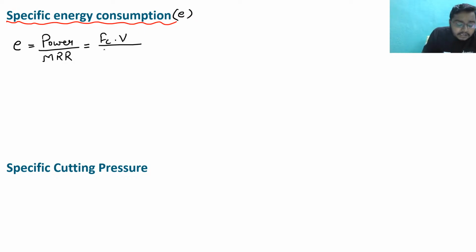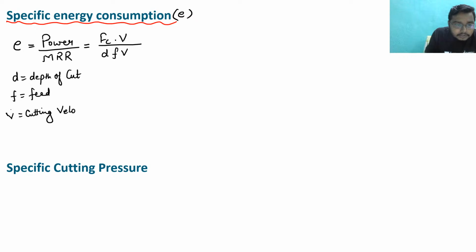And we have seen the MRR, the material removal rate, that is written as D into F into V, where D is the depth of cut, F is the feed rate, V is the cutting velocity.